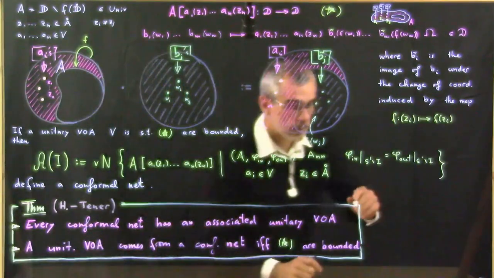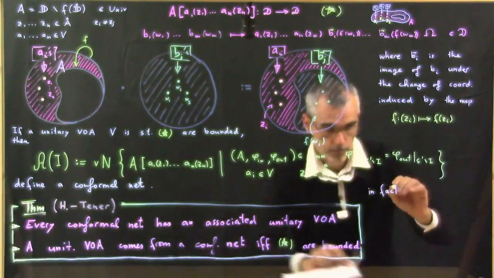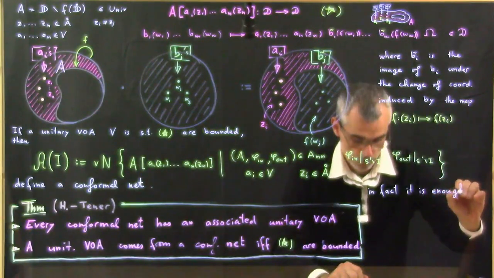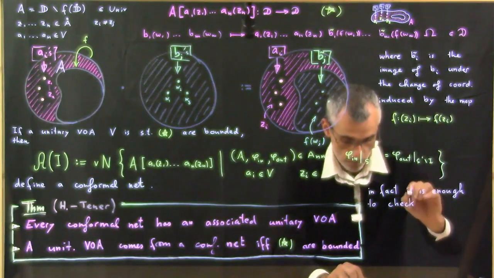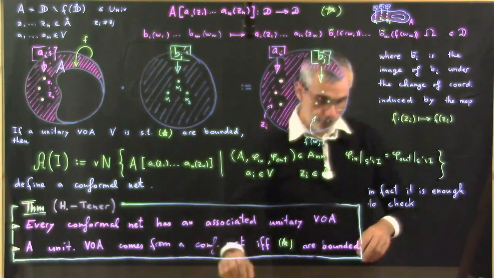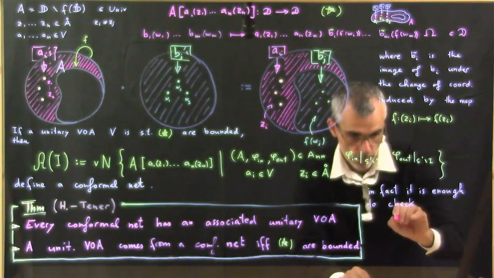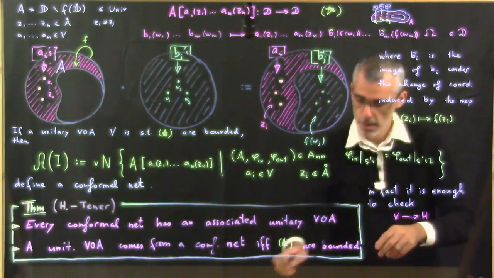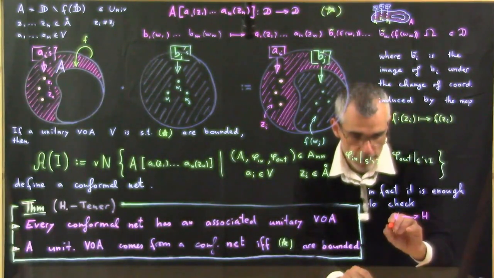So, in fact, it is enough to check that the following operator is bounded. So it's an operator from V to H, and it sends an element B of V.